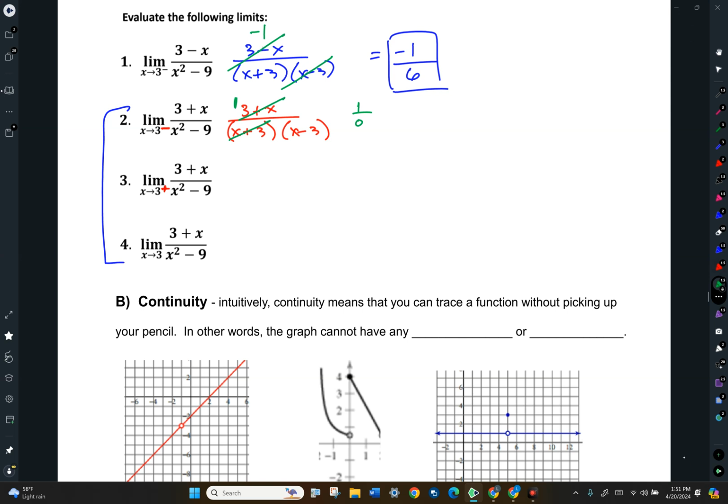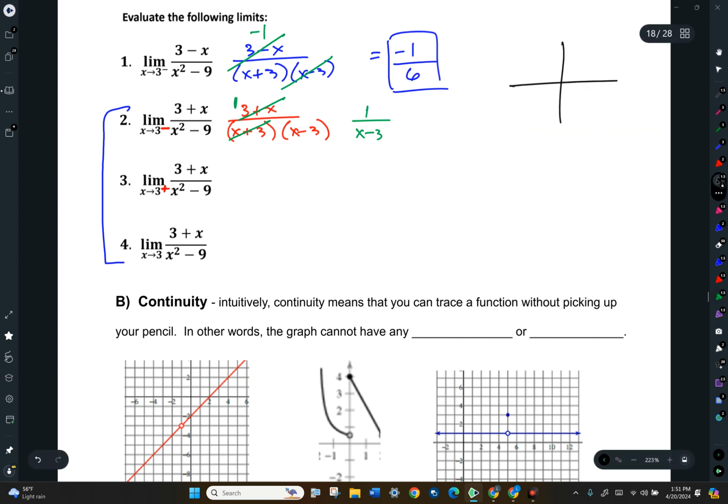So I know this limit doesn't exist, but let's think about it. Because the function that I'm looking at here is 1 over x minus 3, think about that graph. Isn't that just the 1 over x graph that's moved 3 units to the right? So isn't this just the 1 over x graph over here?